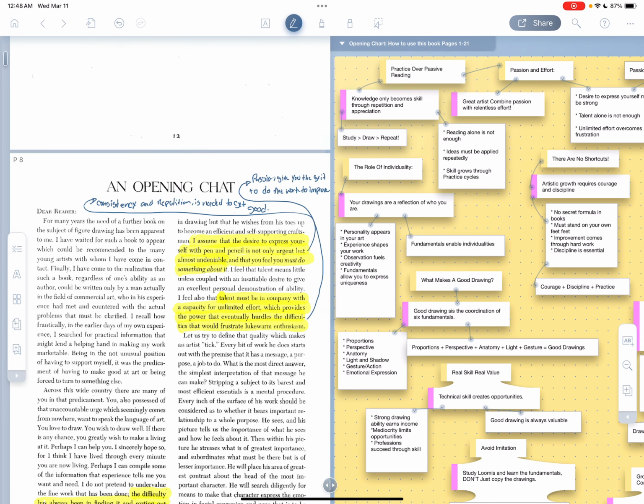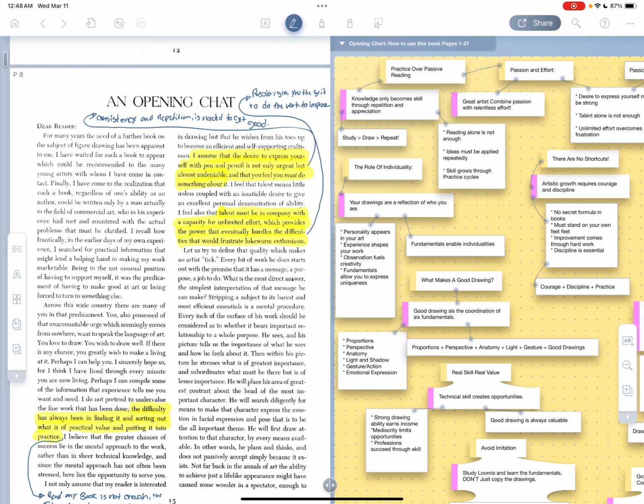The first thing I do is read very carefully. I highlight what I think is important, and I comment on what I think is important. As you can see here, this highlight says, "I assume that you desire to express yourself with a pen and pencil is not only urgent, but almost undeniable, and you feel you must do something about it.